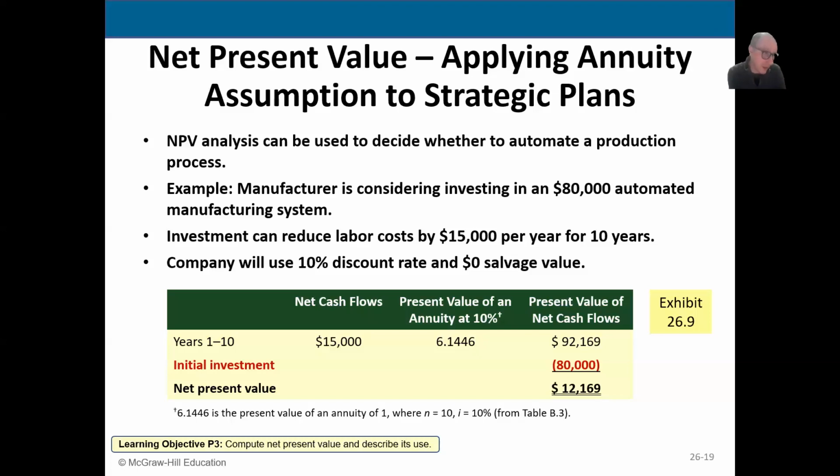Minus the initial investment of $80,000 gives us a net present value of $12,169. Based off of this example, it would make sense that the company engages in automation because the net present value is above zero.